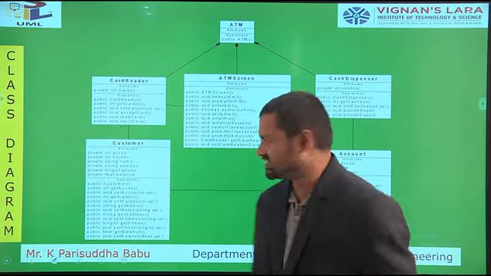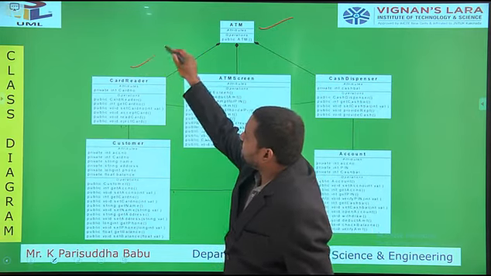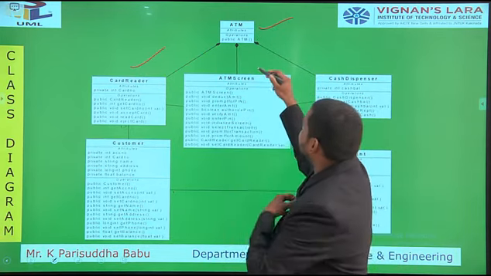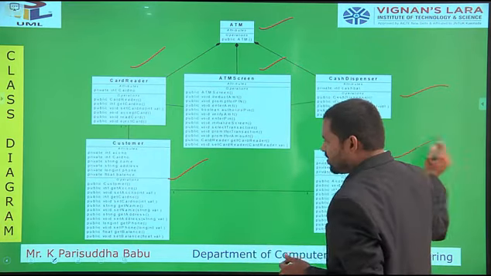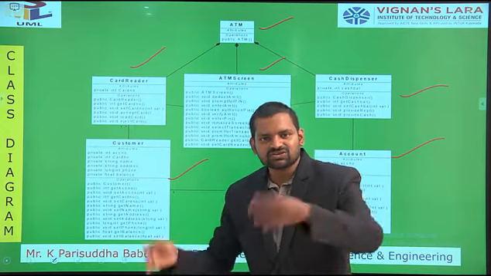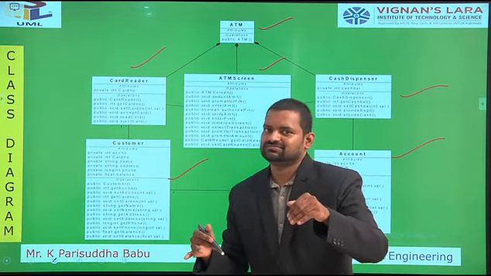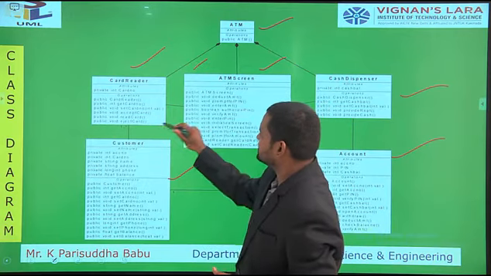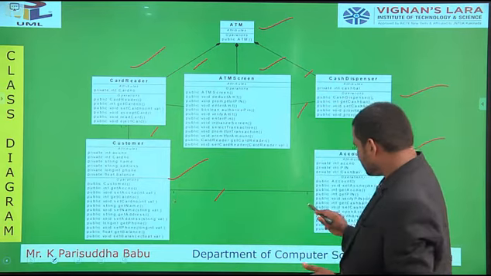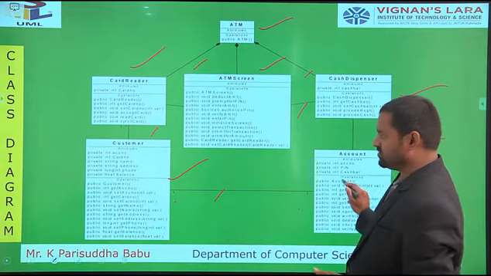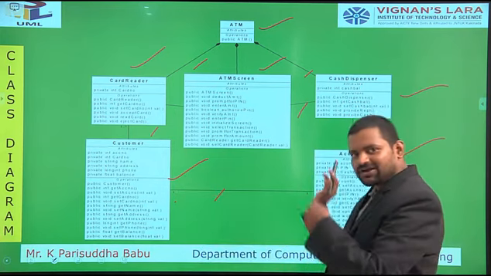Class structure. See, ATM is one class. Card reader is another class. ATM screen is another class. Cash dispenser, customer, account, all these are classes. Among these classes we observe some links, arcs. These are the links, with multiplicity. There is a one-to-one relation between the customer and account. Only one customer has only one account.